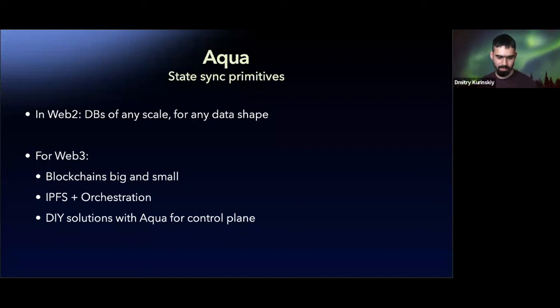If you have some knowledge from your application about where exactly the data is, then it becomes much more efficient to bring the data from that place to where you need it. Or there's space to make any other solutions using Aqua for control plane and some approach for storage.